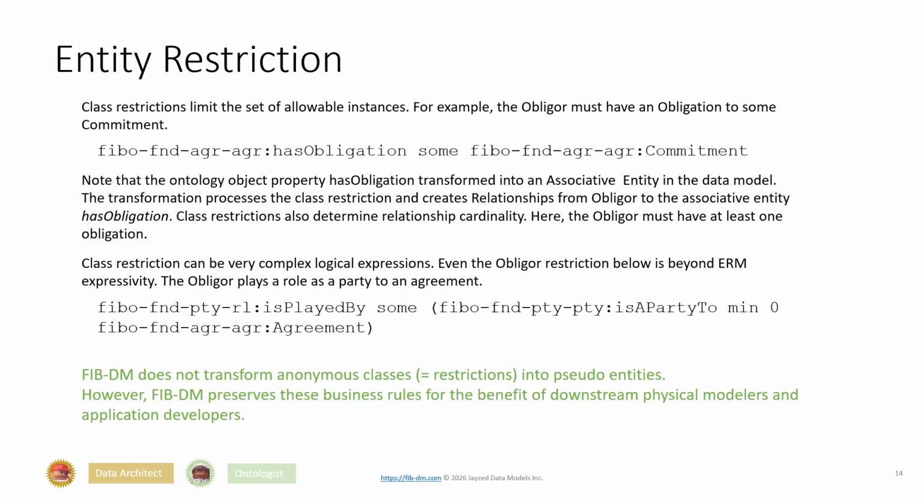So FIB-DM does not transform class restrictions, which are anonymous classes, into pseudo-entities. However, FIB-DM preserves these business rules for the benefit of downstream physical modelers and application developers. So here you, as a DBA, can read up the class restriction in the FIB-DM model and instantiate it as a check constraint.